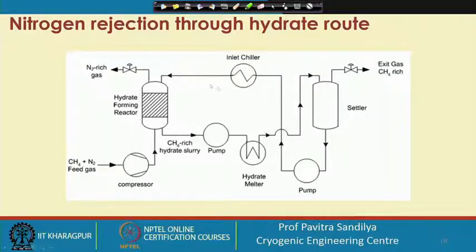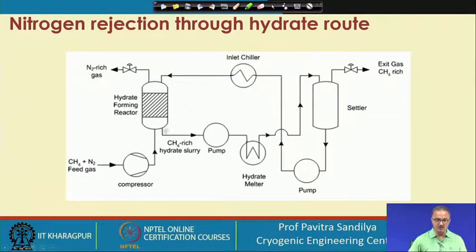And here is a typical flow diagram for this hydrate formation. Here we have the feed gas, and in this chamber we have the hydrate formation. If carbon dioxide forms hydrates, then the outgoing gas will be richer in nitrogen, and this other stream will be richer in methane, and it goes to a pump and through the hydrate melter.